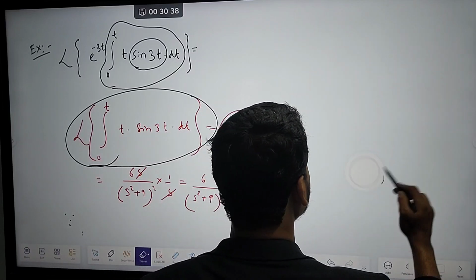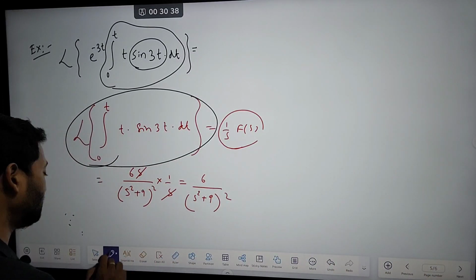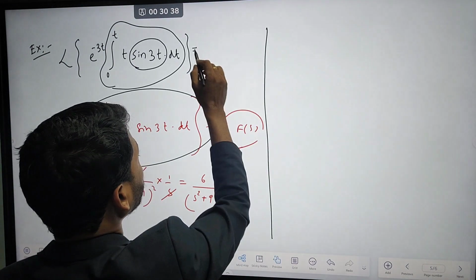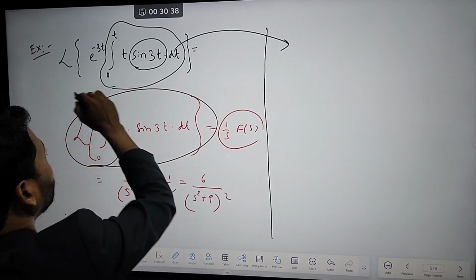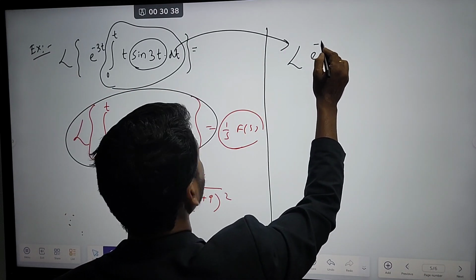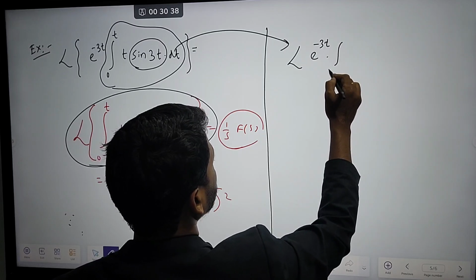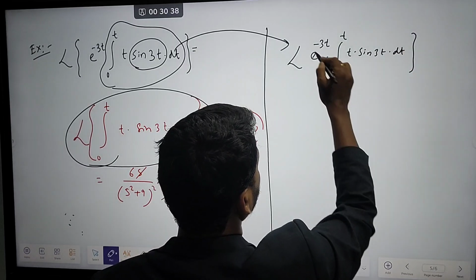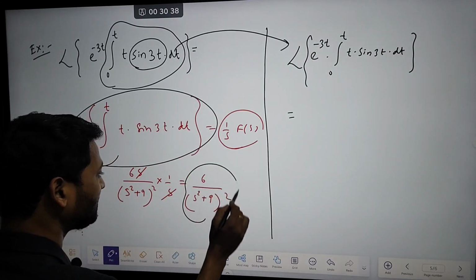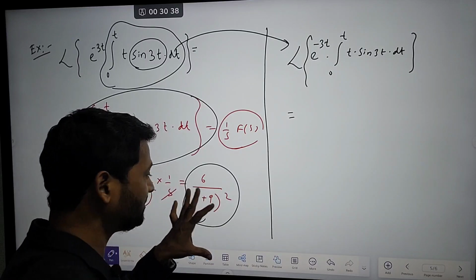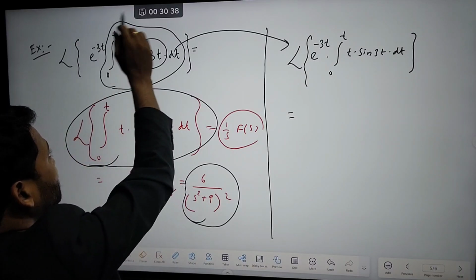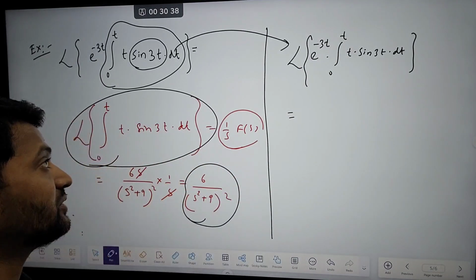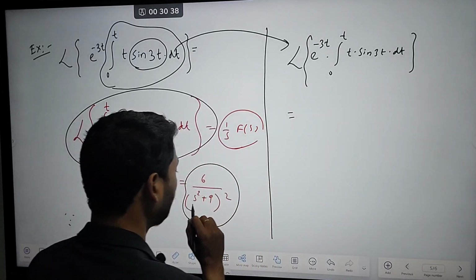As per the first shifting theorem, if e to the power at is multiplied to a function, then what to replace, s minus a is to be replaced. So here your final answer, if I take Laplace of e to the power minus 3t integration from 0 to t of t into sin 3t into dt, is equal to whatever you get, this F(s) you are getting, meaning you get the final answer, meaning Laplace of integration of this part. If you multiply e to the power at to that function, as per the first shifting theorem, just replace s by s minus a.